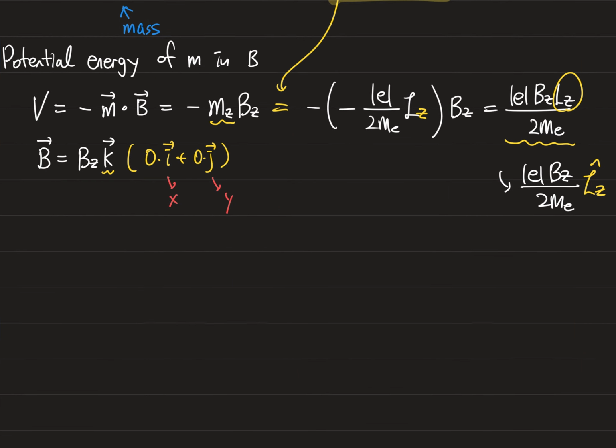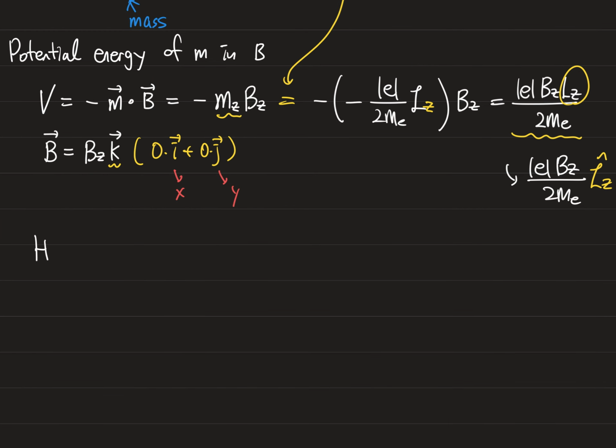So now, let's write down the Hamiltonian. So the Hamiltonian consists of two parts. The first part is H0. It is just a simple summation of the kinetic energy and the potential energy, which means the electrostatic interaction energy between the electron and nucleus.